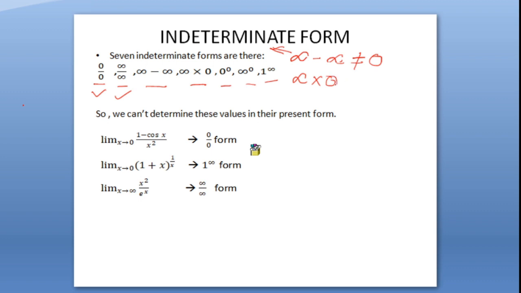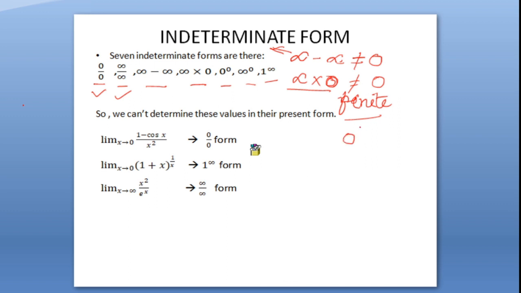Normally we know whenever we multiply 0 with some number, it comes 0. But for infinite it is not 0, because this rule is applicable only for finite numbers, not infinite numbers. That's why infinite into 0 will not be equal to 0.